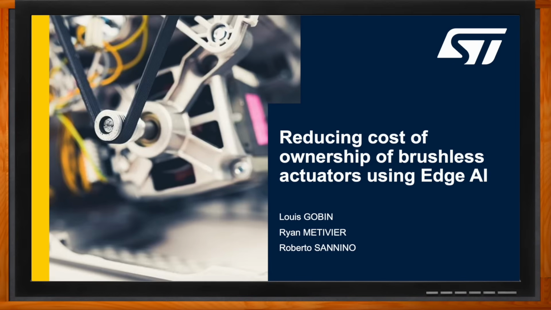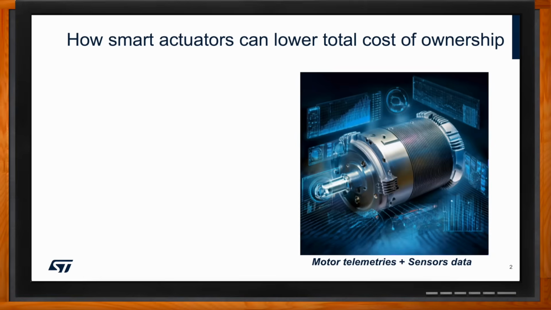Now, when this smart actuator is within a system, it becomes a more complex machine. It may heat up, it may vibrate. In general, its behavior may be affected by unexpected factors such as load changes or other physical conditions that are external to the motor itself. This means that in this case, you may want to control it based not just on the physical motor model, but also taking into account its operating context.